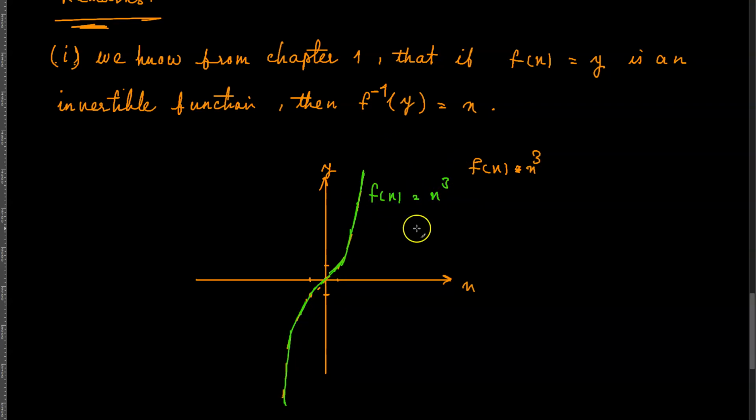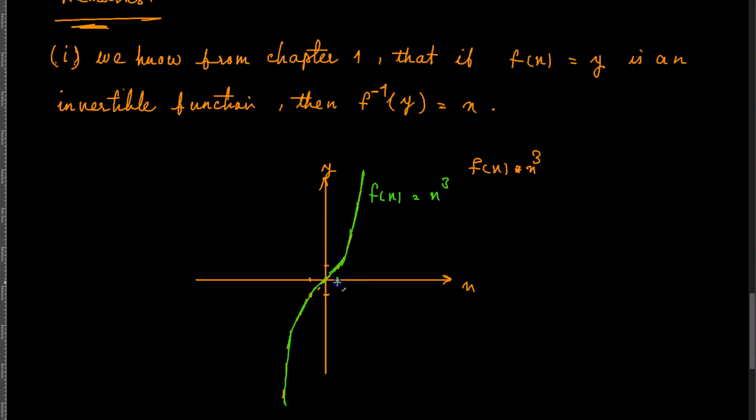Now if f of x is equal to x cubed, then whatever x you give it, it basically raises that x to the third power, and that becomes the output of the function.